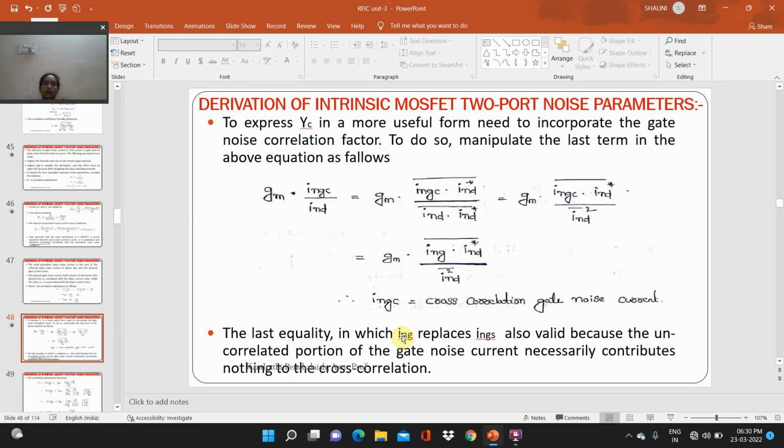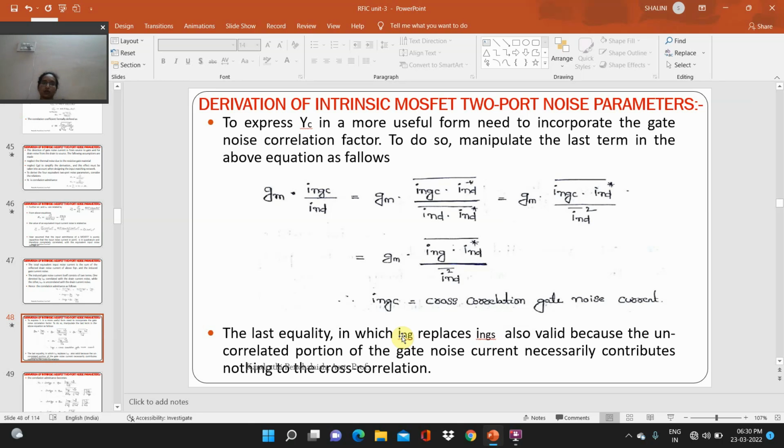So the equation is written as Gm is equal to i_ng·i_nd* by |i_nd|squared, that is, i_ng into i_nd complex conjugate by i_nd squared.